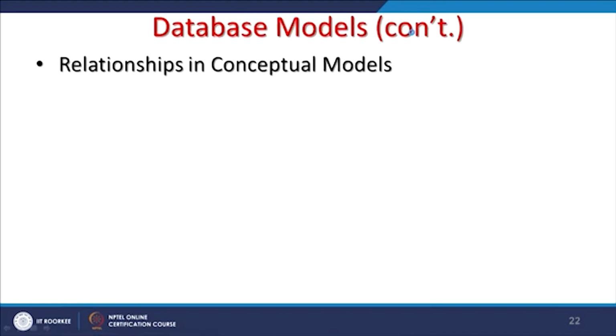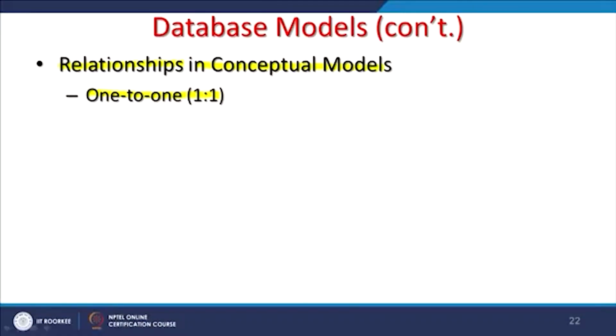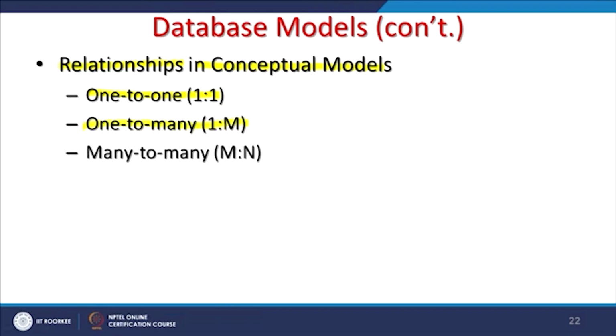The most common one, which GIS is related with, is the relational database in the conceptual model. So we start thinking from that. Now this relationship can be one-to-one, or one-to-many, or many-to-many. So three scenarios are possible: one-to-one, one-to-many, and many-to-many.